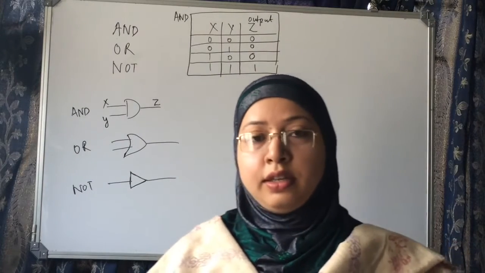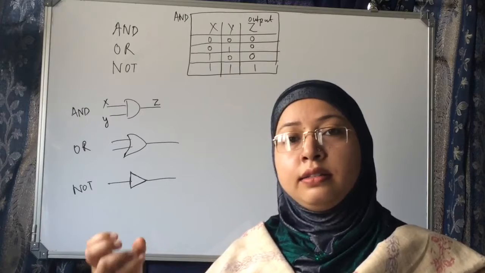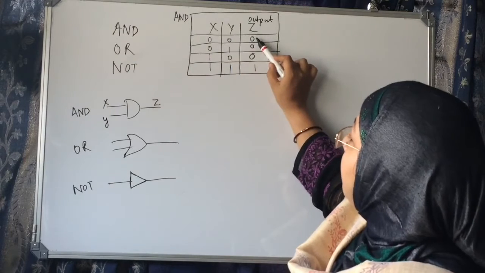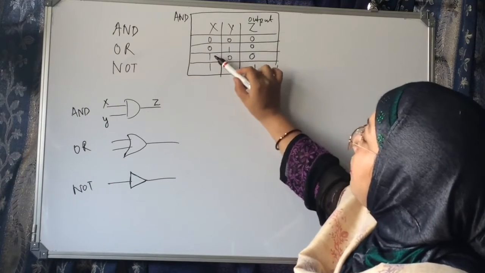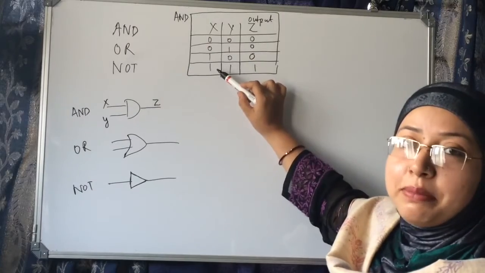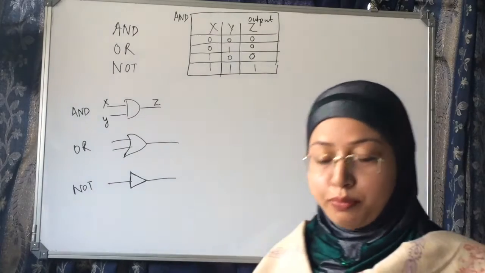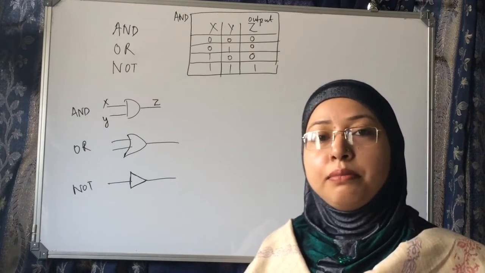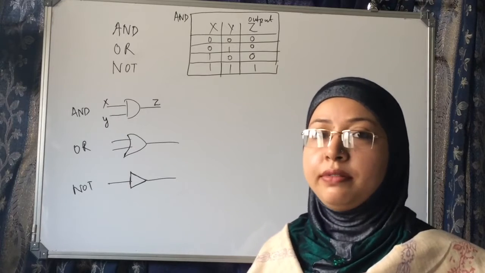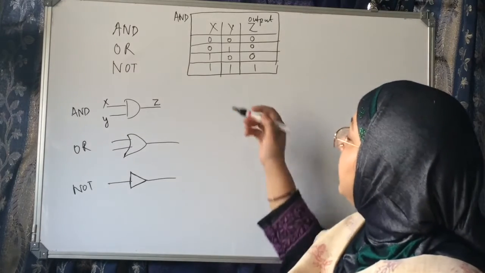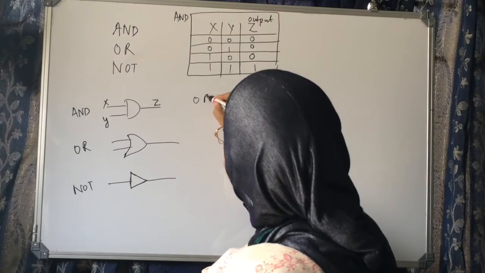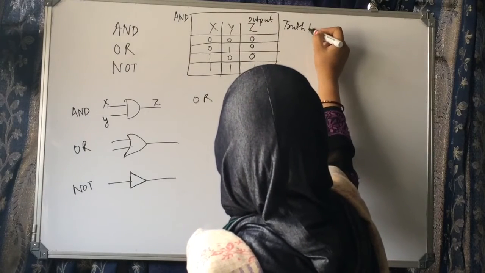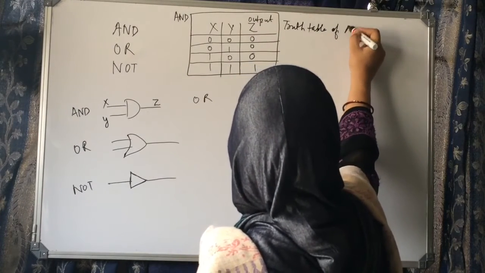You can understand it as a multiplication also, that the result of multiplying 0 with 0 will always be 0, 0 with 1 will always be 0, 1 with 0 will always be 0, but when we multiply 1 with 1, it gives 1 as an output. It is just like multiplication. When both the inputs are 1, then only your output will be 1. This is called truth table, truth table of AND gate.